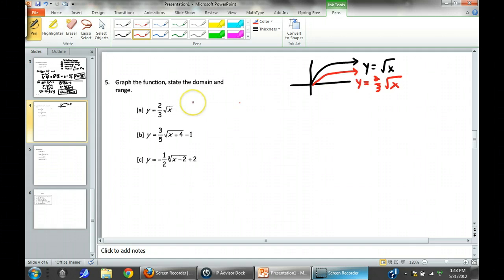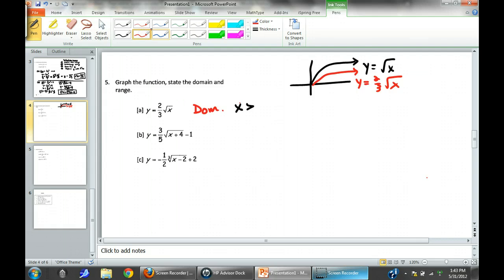What's the domain? The domain would be all x's greater than or equal to 0. It's the same domain as the root x function.